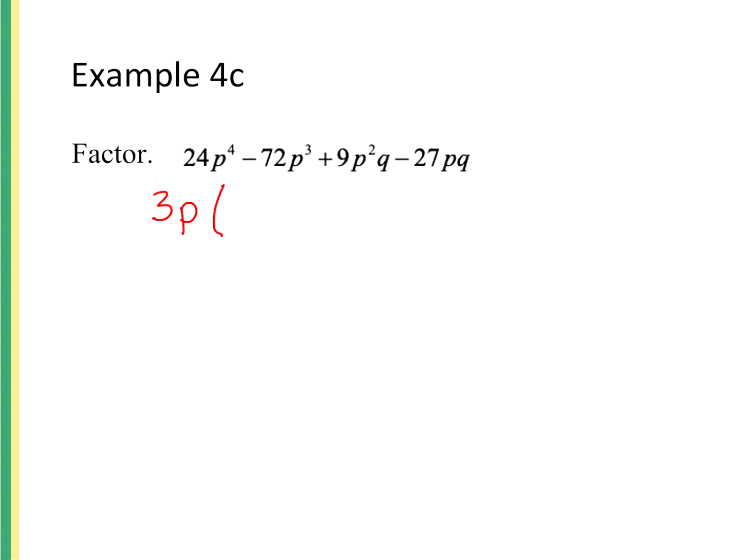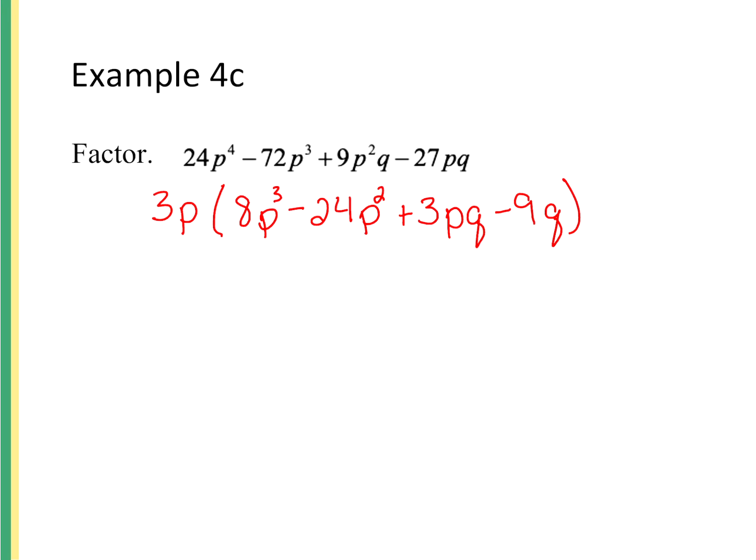So if I factor out that 3p, I'm left with 8p cubed minus 24p squared. Remember, just divide if you don't know. 72 divided by 3. Use your calculators. Plus 3, and I'm left with 1p and 1q minus 9q.